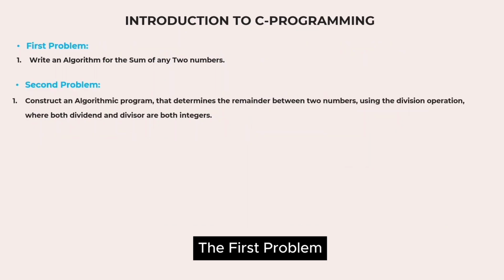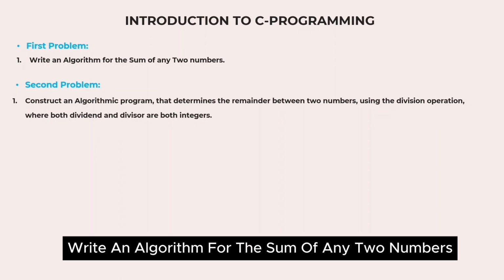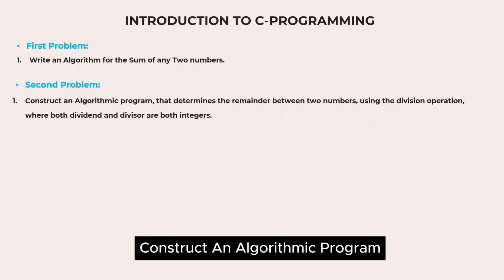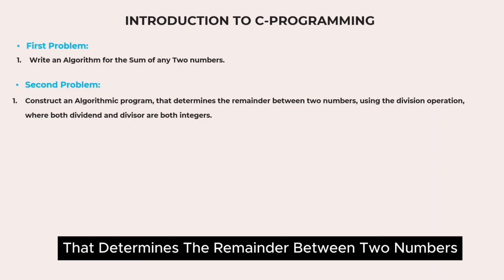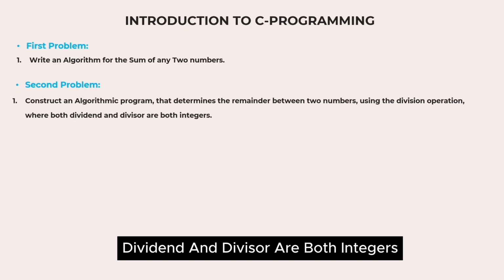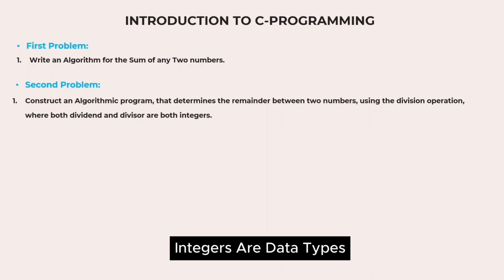The first problem: write an algorithm for the sum of any two numbers. And for the second problem: construct an algorithmic program that determines the remainder between two numbers using the division operation, where both dividend and divisor are integers. Integers are data types.